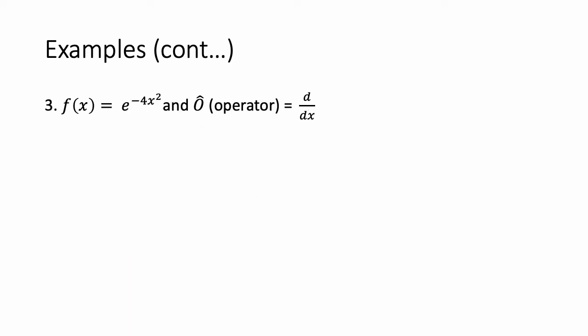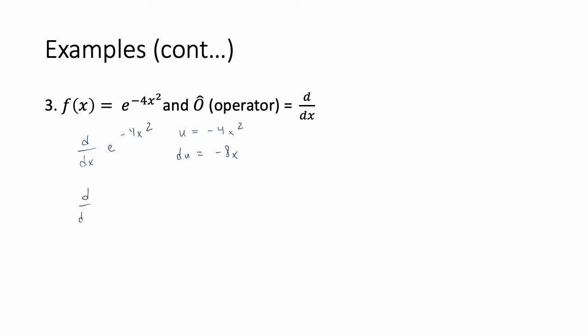And finally, we have f of x is equal to e to the negative 4x squared with an operator of taking the first derivative of this function. So if I take the first derivative of this function, let's use u substitution. u is equal to negative 4x squared. du is going to be equal to negative 8x.